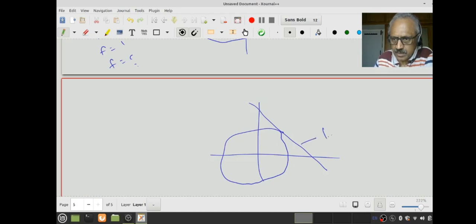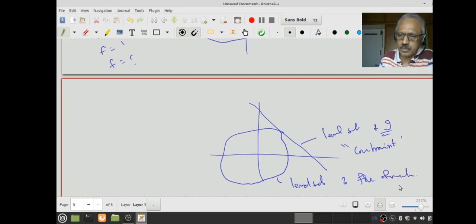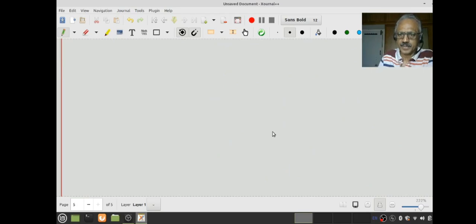This is the level set of your g, this is the constraint. And this is the level set of the scalar valued function whose extrema we want to find. You will see these two touch at the same point, and the tangent to this curve and the tangent to that curve will be the same.